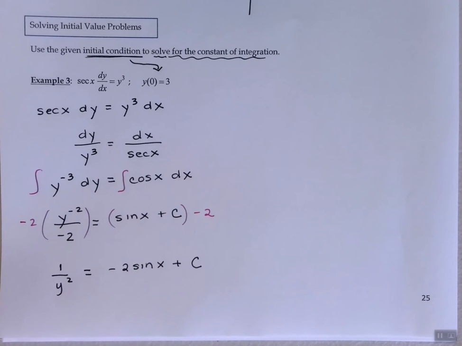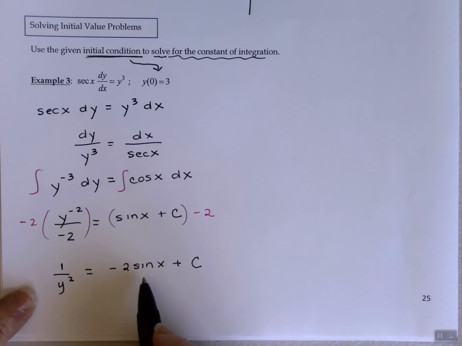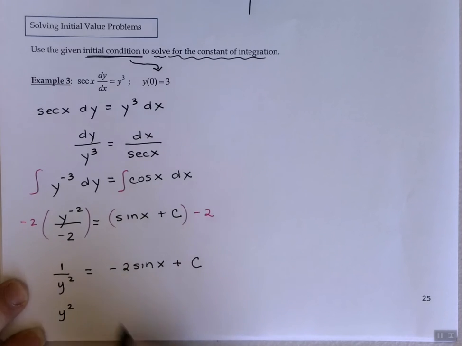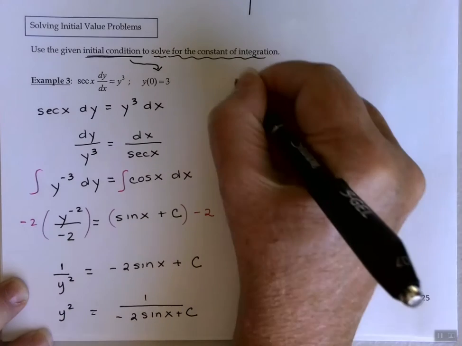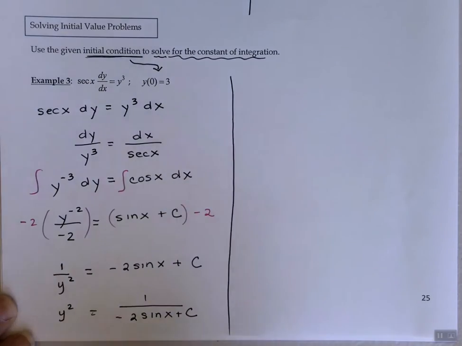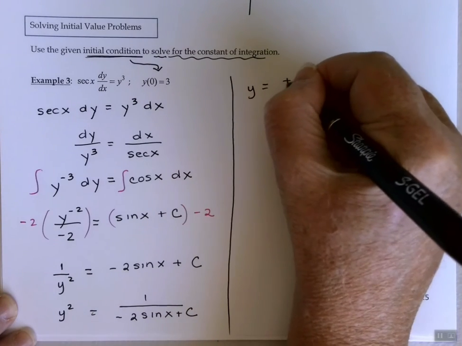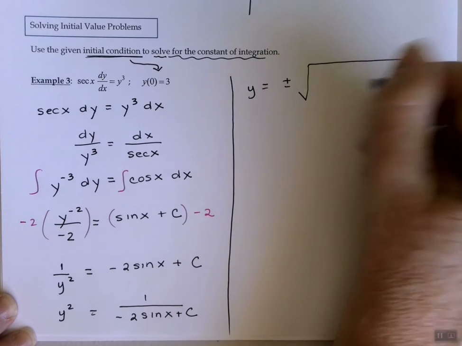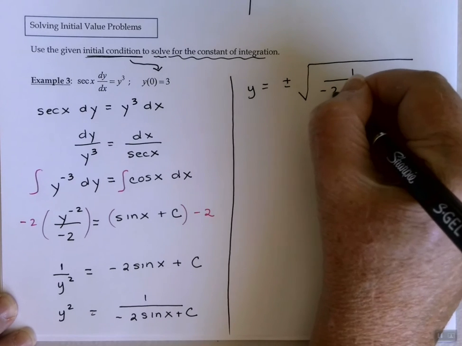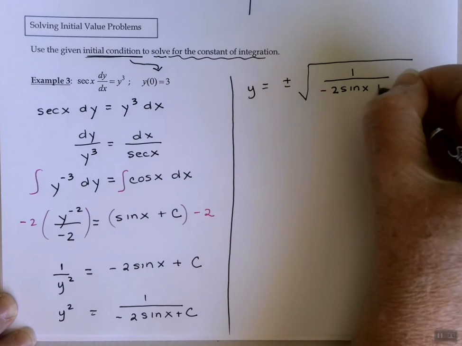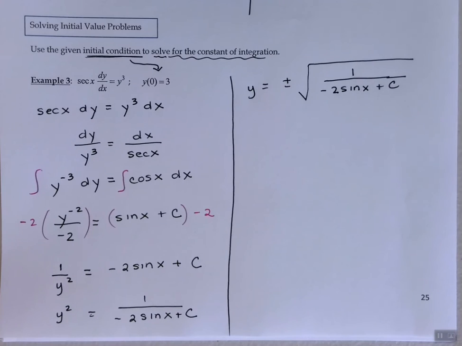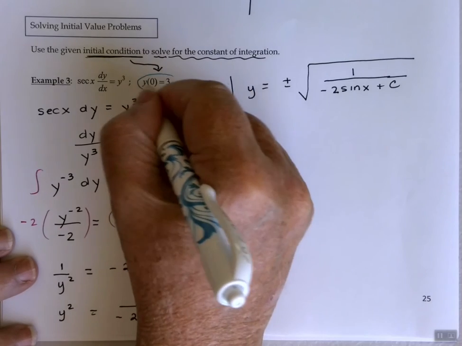And let's see here. If I take the reciprocal of both sides, I'd have y squared over 1 equals 1 over negative 2 sine x plus c. And so y would be plus or minus the square root of that. All right, that's my general solution. To get my particular solution, I'm going to plug in this initial condition.